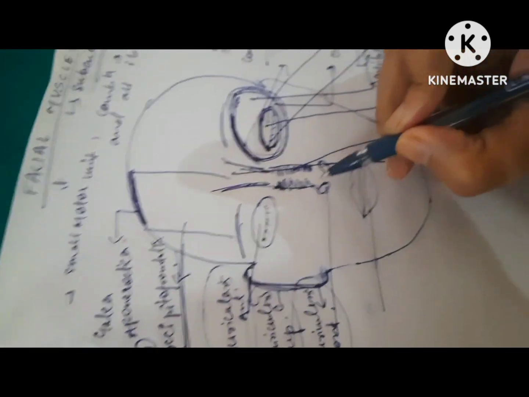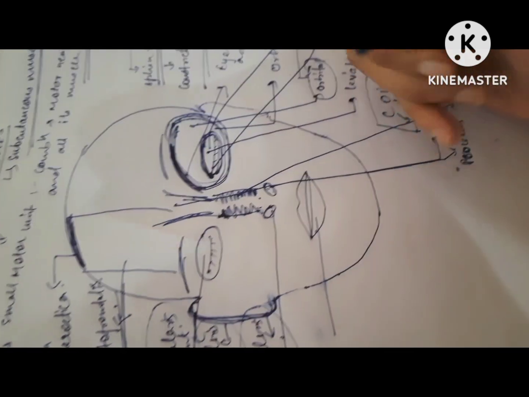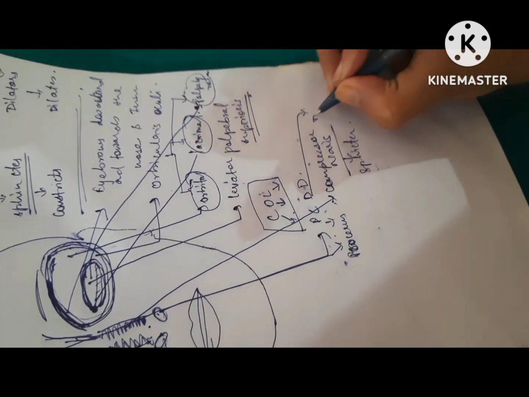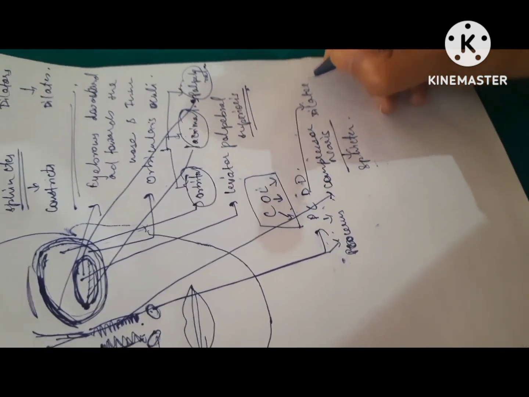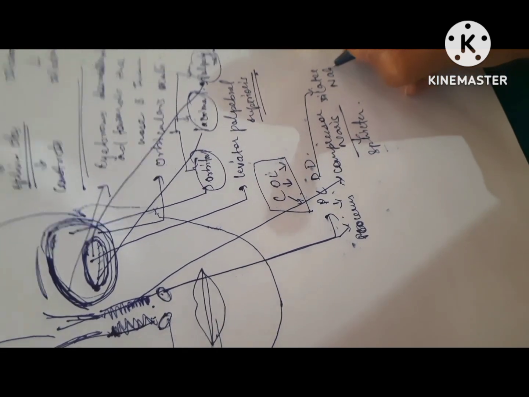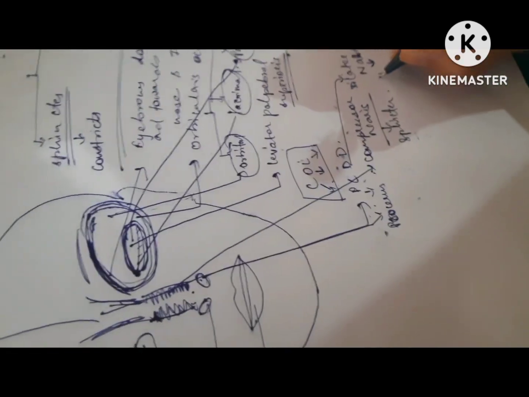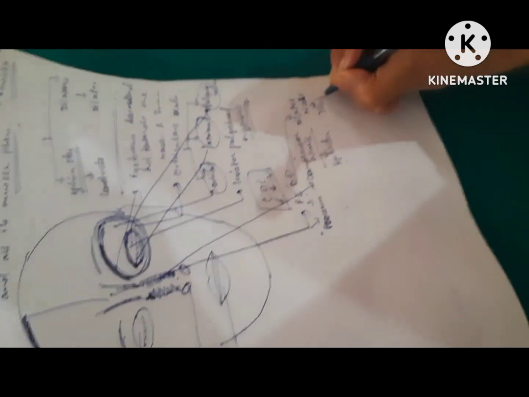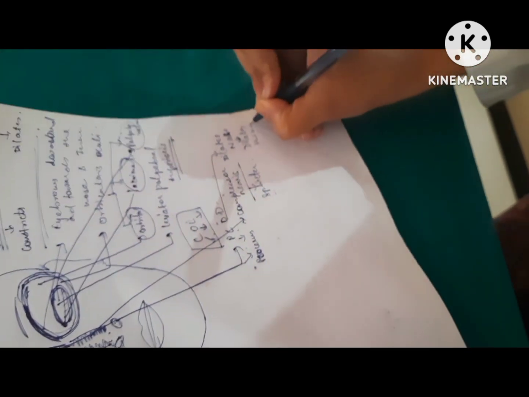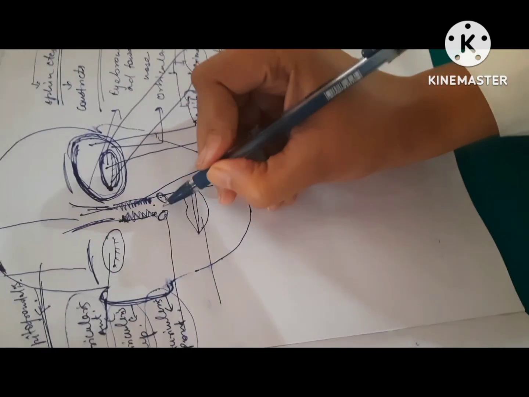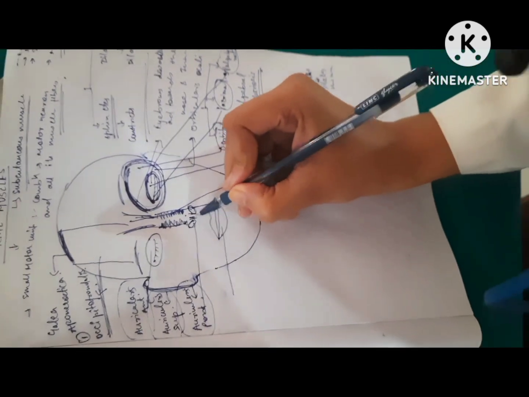The third is dilator nasi. What it does is it dilates the nostril, so it is a dilator muscle. And the fourth is depressor septi.